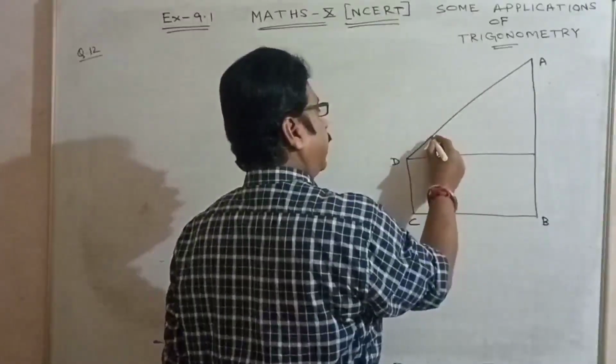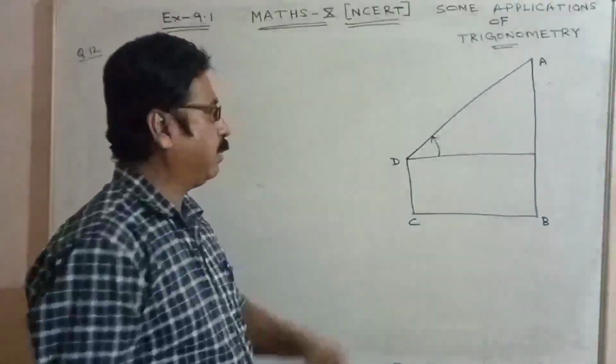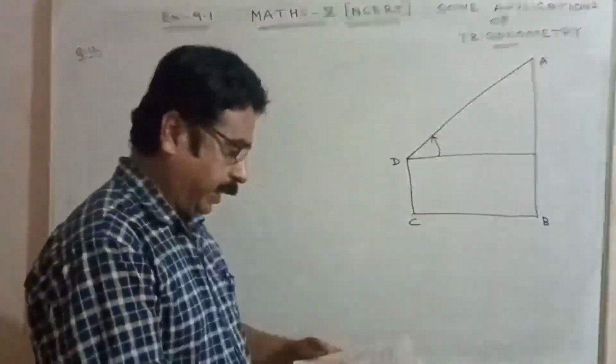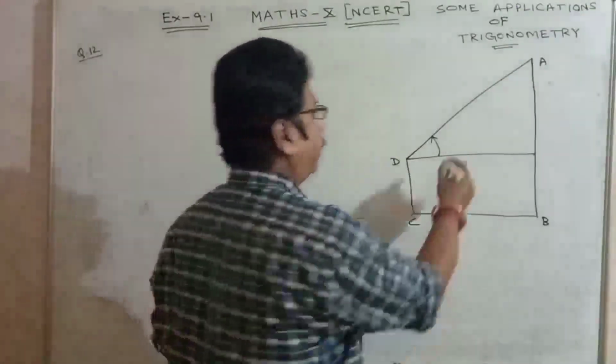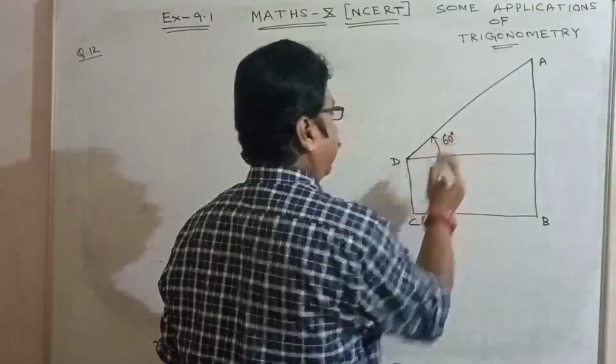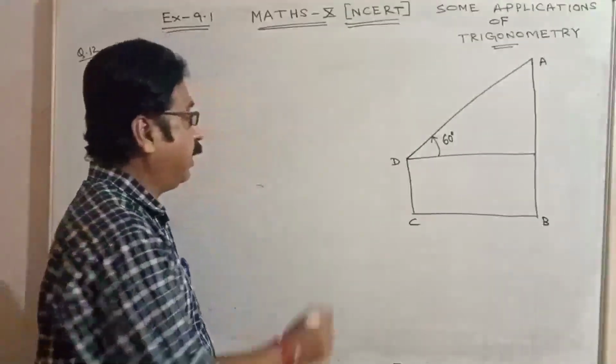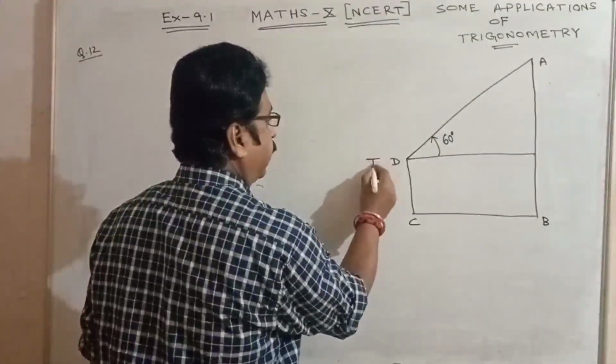That angle is given as 60 degrees. Next, the height of the building is given. This is 7 meters.